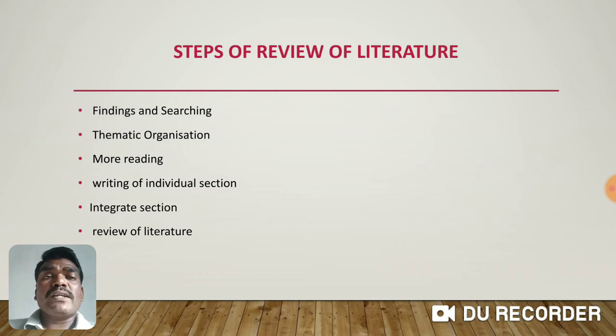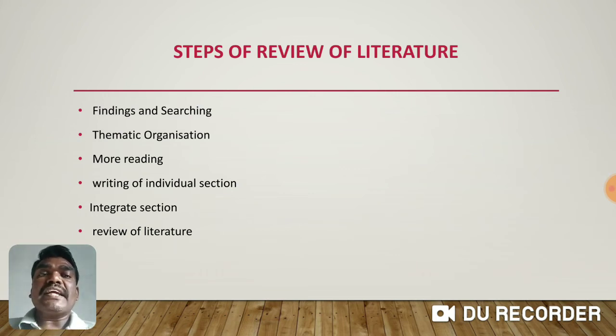Okay, once different sections have been created, the researcher needs to combine all the sections, that is, integrate all the sections of literature which have been collected and recorded by the researcher. And the last step is to write the review of literature.